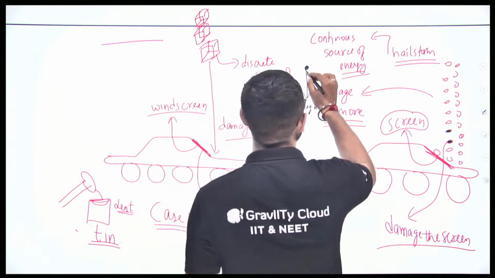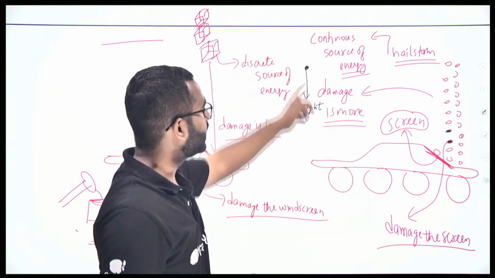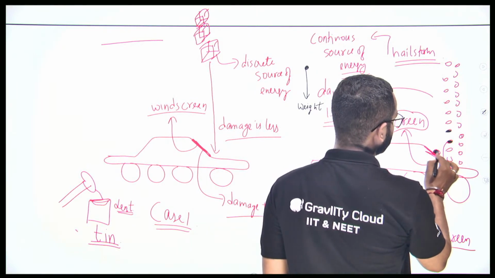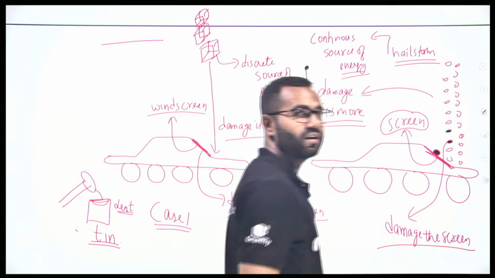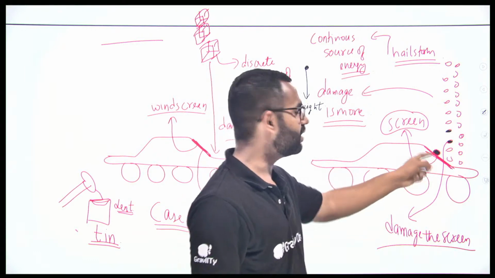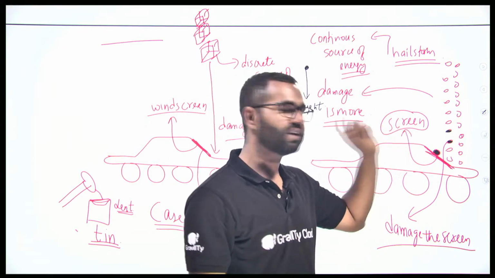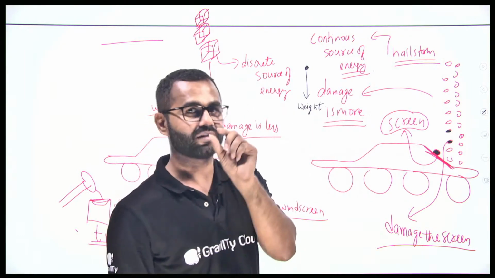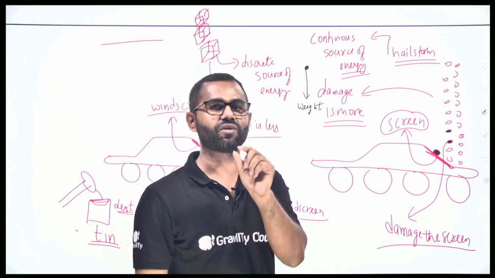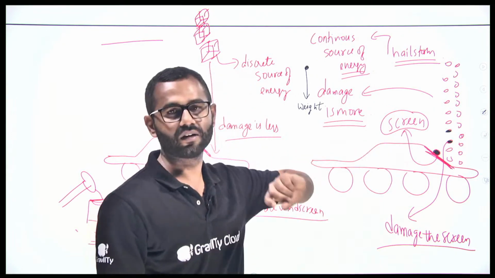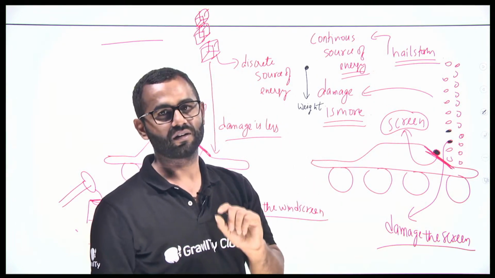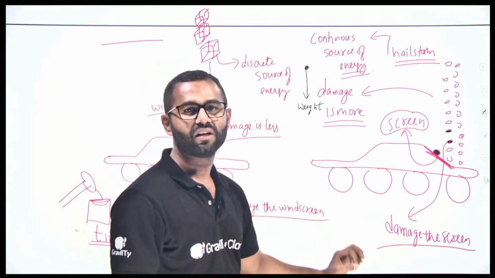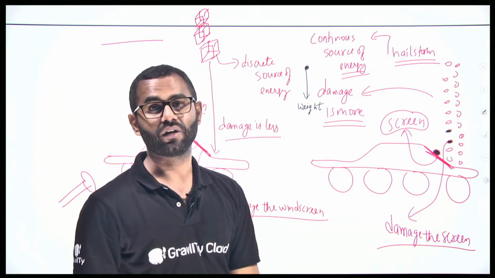When this hailstone hits the screen, it will transfer its energy to the windscreen. Every hailstone has some energy and transfers it to the windscreen when it hits, right? Understood?